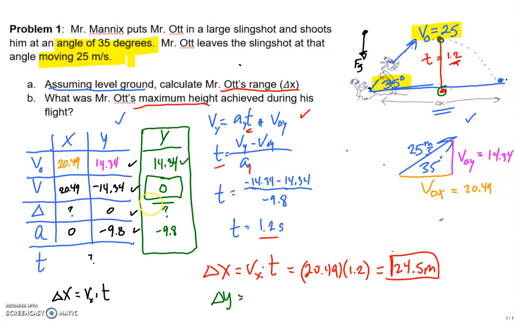We want to figure out the change in position from where it started to that point, which is the peak. That's what we look for, delta y. And of course, the acceleration vertically is the same. So delta y equals v squared minus v0 squared over 2a. Where'd that come from?